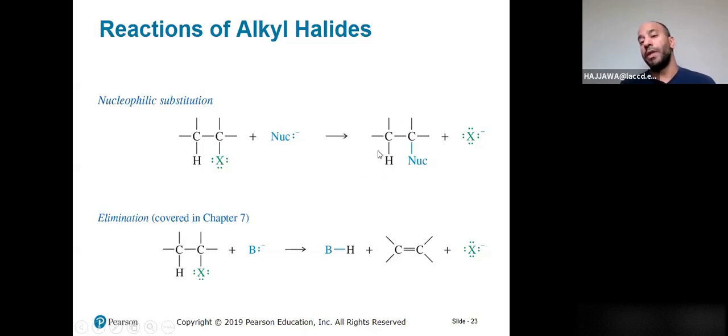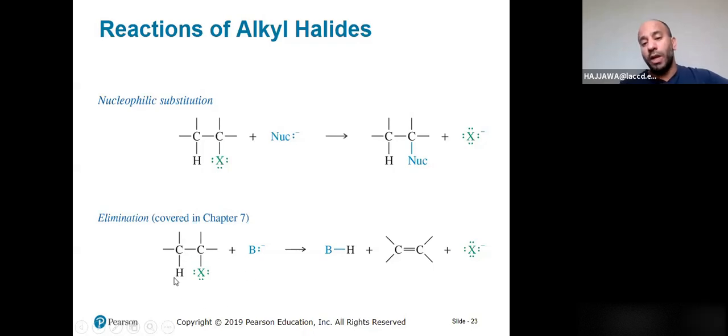And we will learn the two types of nucleophilic substitution, SN1 and SN2. Elimination is a reaction in which you have a strong base, and this base is going to deprotonate the hydrogen on the alpha carbon. So here's your C-X, and here's the alpha carbon.